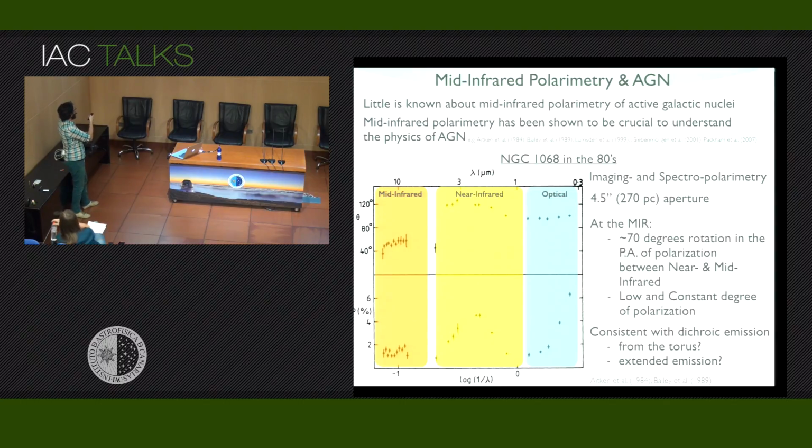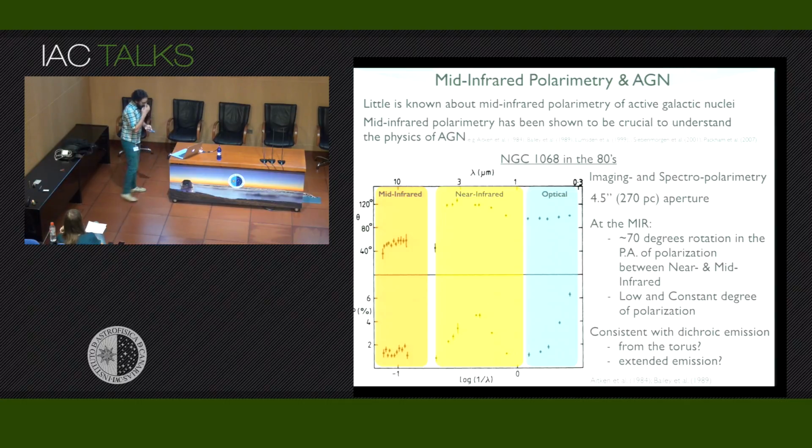One way to interpret this result is dichroic emission from the torus or extended emission. Based on the wide aperture, we cannot distinguish between emission in the torus or emission from the extended dust.